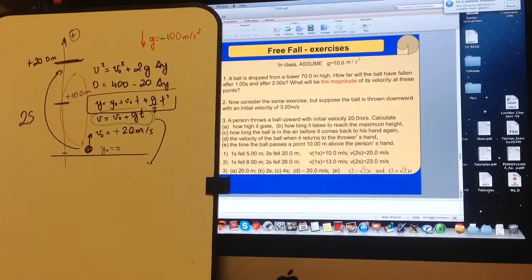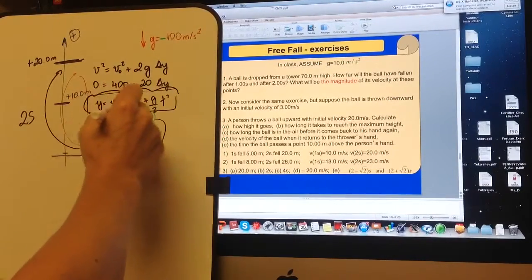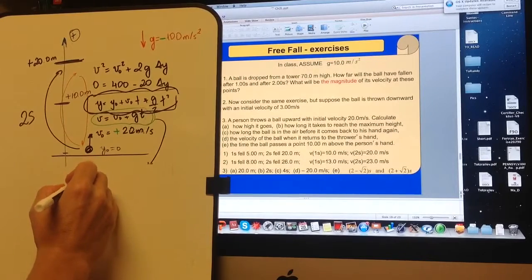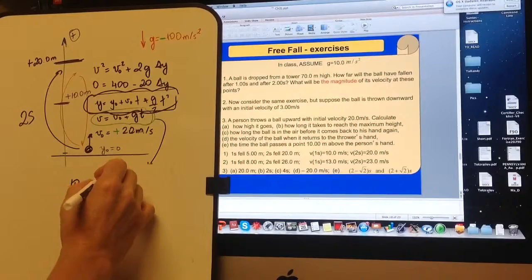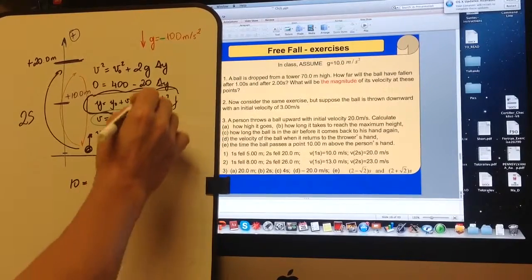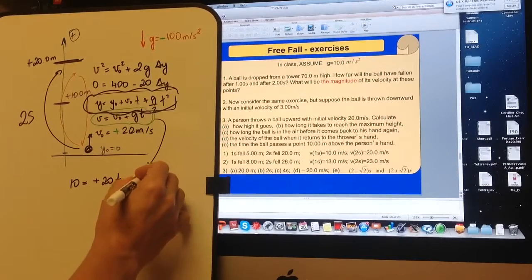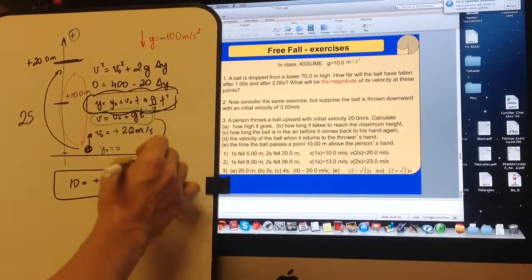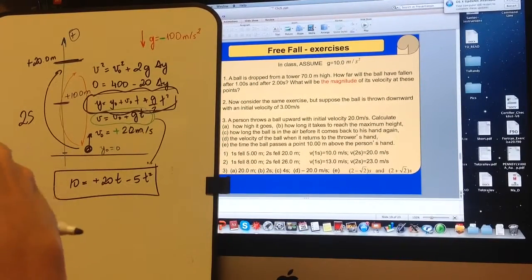So how are we going to solve that? Let's use the equation for position. So we have 10 equals y naught, which is 0, plus v naught, which is plus 20 t, and g is minus 10 divided by 2, minus 5 t squared. This is the equation that we need to solve to answer question E.